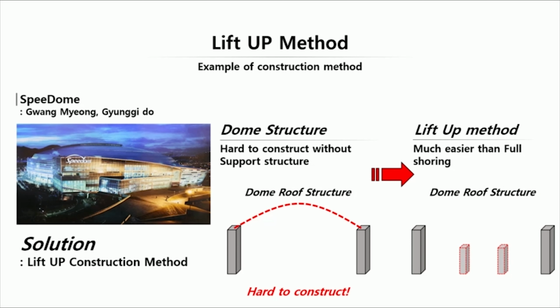And another example is the Speed Dome, a dome structure located in Gwangmyeong, Gyeonggi-do. Dome structures are hard to construct without supporting structures. However, using the lift-up method makes construction easier.